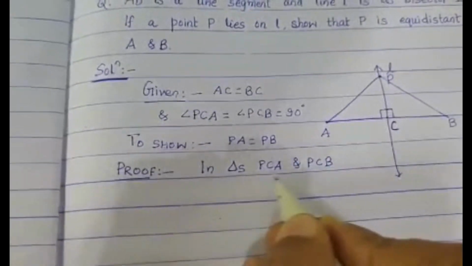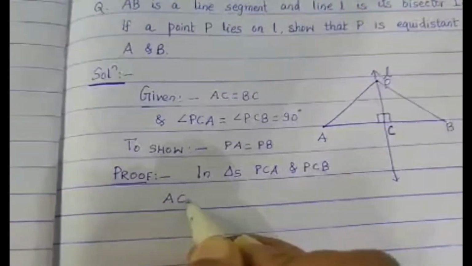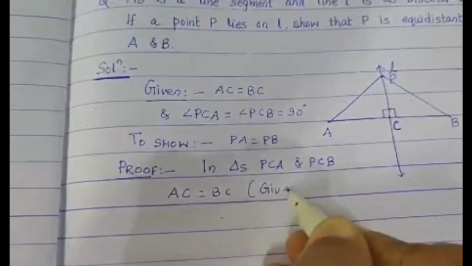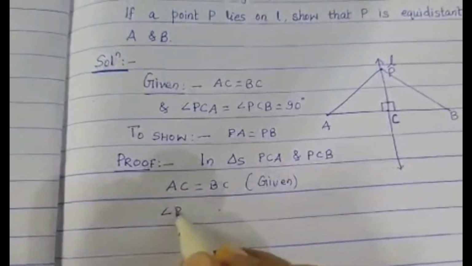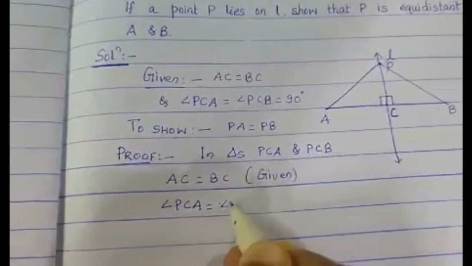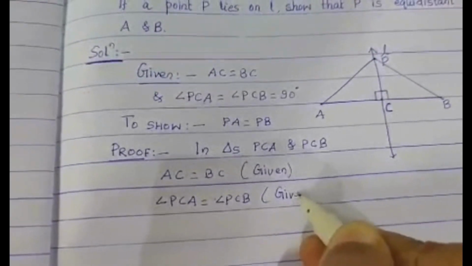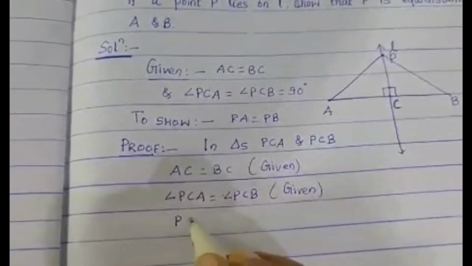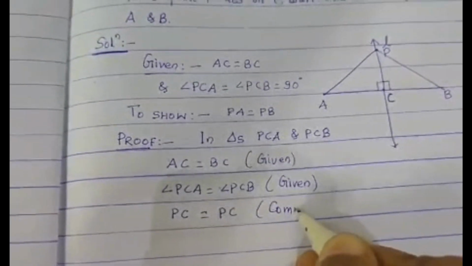In triangles PCA and PCB, AC equal to BC, this is given. Also angle PCA equal to angle PCB equal to 90 degrees, this is also given. Also PC is common to both the triangles, PC equal to PC.